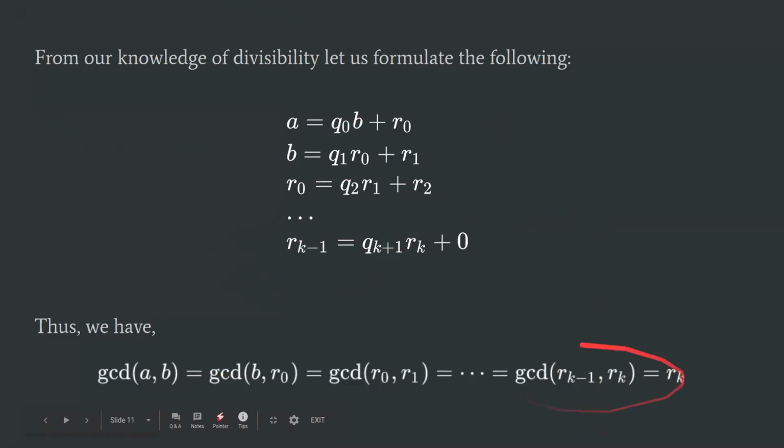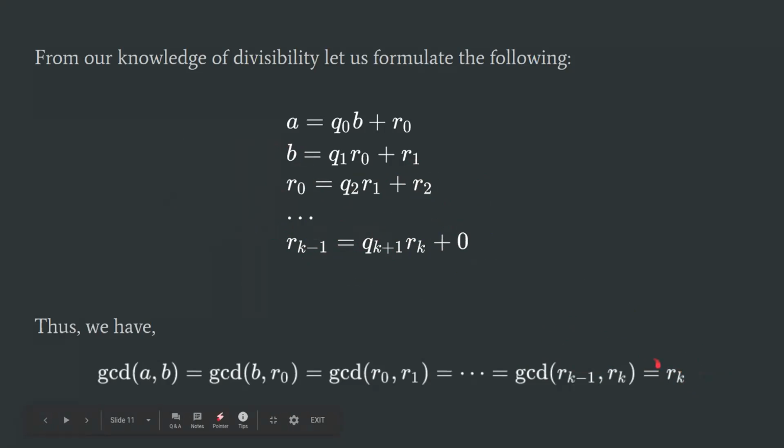This holds. So now you can use the same thing to prove it: if this has to be divisible by this, the remainder has to be divisible by the GCD of rk minus 2 and rk minus 1, and the greatest number that can divide rk is rk itself. So the GCD of rk minus 1 and rk minus 2 will be rk. I guess that explains it.